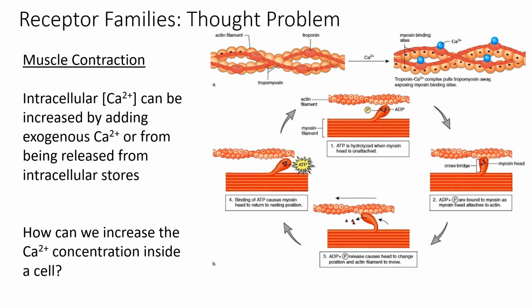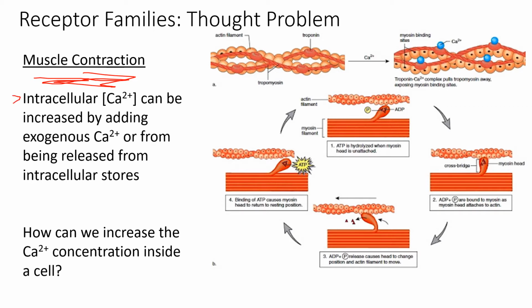So I'd like to start talking about receptor families. However, before I give you the information, I'd like to present to you this thought problem. In the context of muscle contraction, it is very dependent on the amount of calcium that is available in the muscle to perform that contraction.